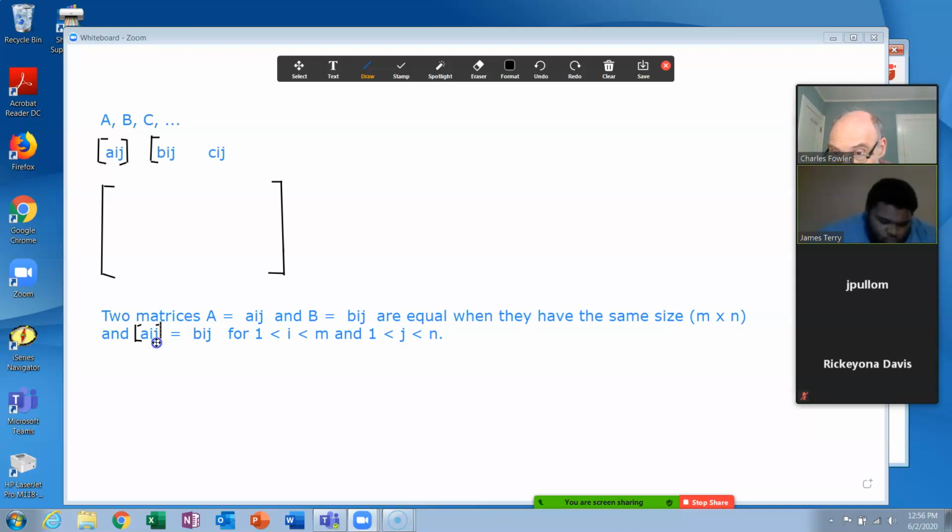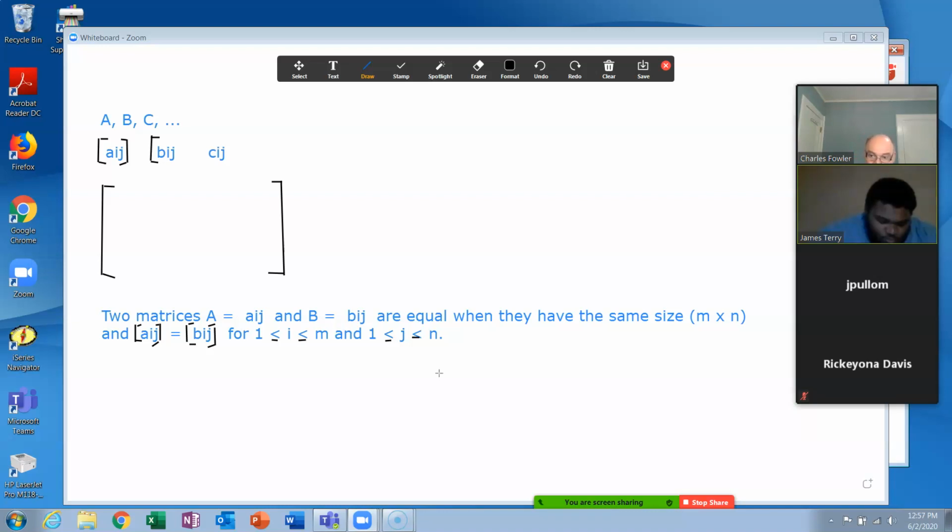These are supposed to be square brackets, by the way. And these should be less than or equal to signs, every one of them. That's the best I can do.